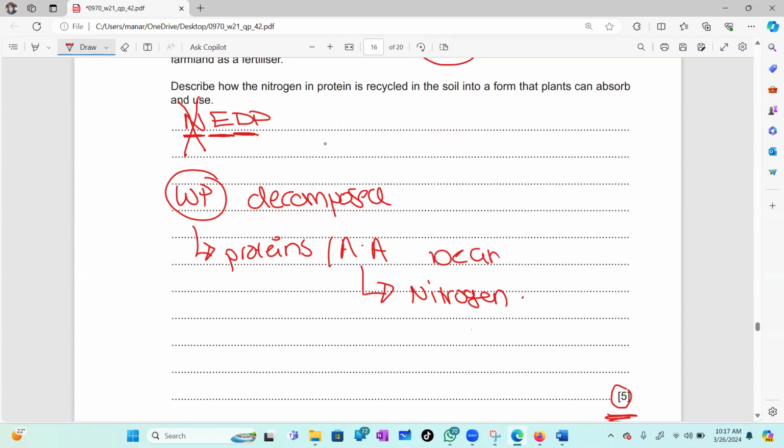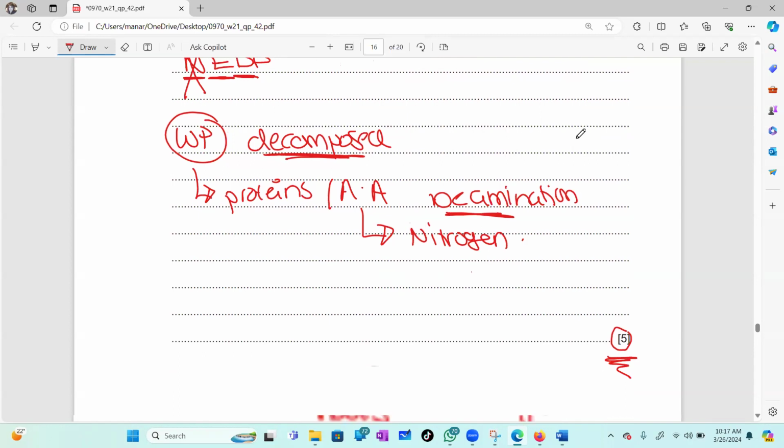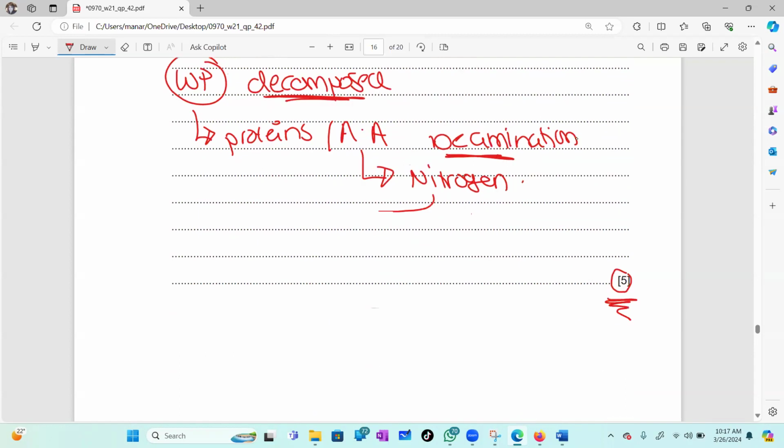So now I already mentioned 2 keywords, decomposition and deamination. Deamination is the removal of the nitrogen containing part. The nitrogen that will be released will be first converted into ammonia or ammonium compounds in ammonification.